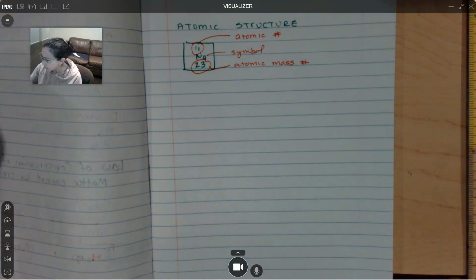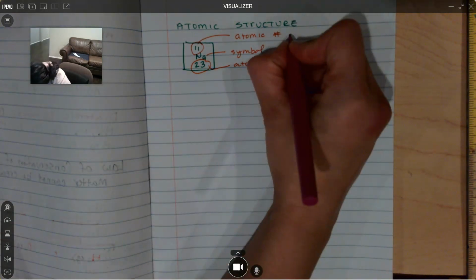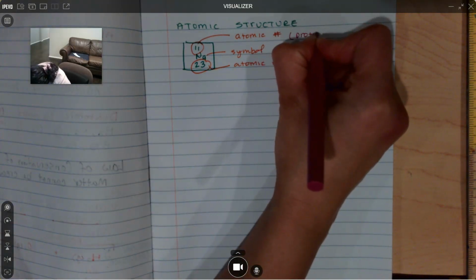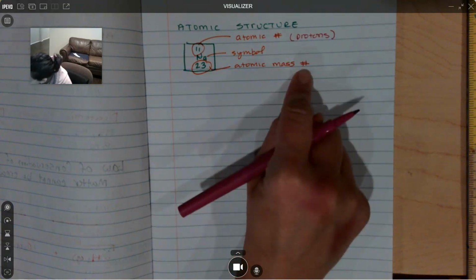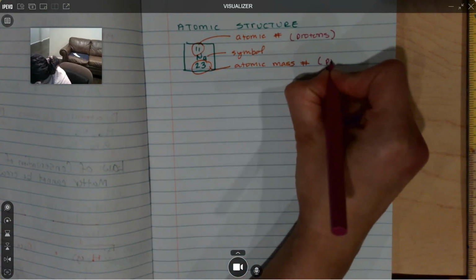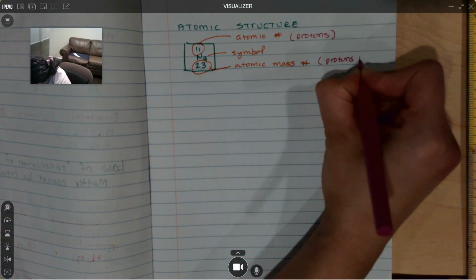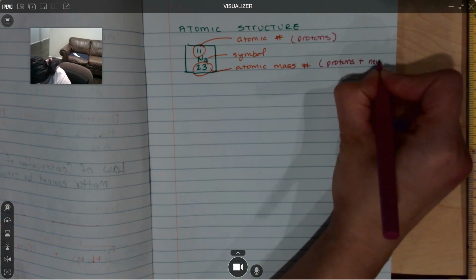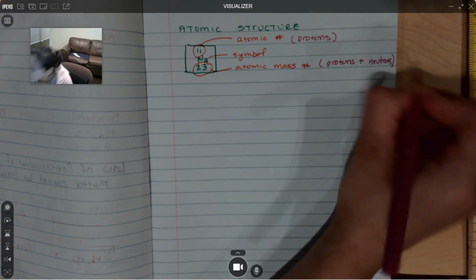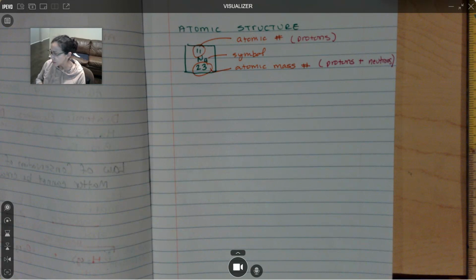Okay. Now, the atomic number is made up of protons. The atomic mass is protons plus neutrons added together. And we're like, what are these parts?